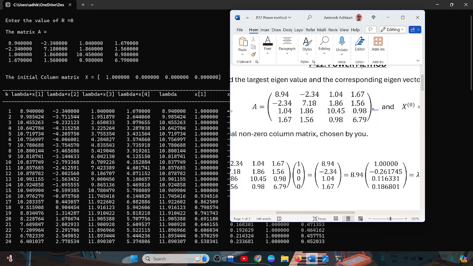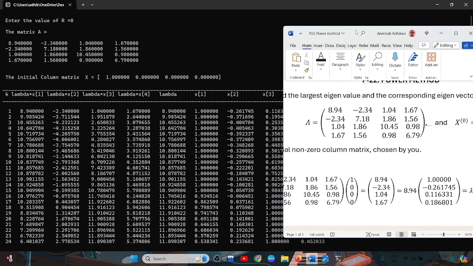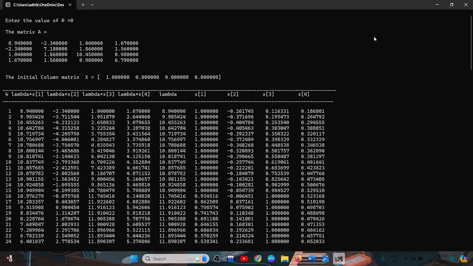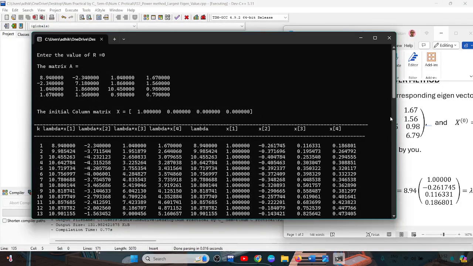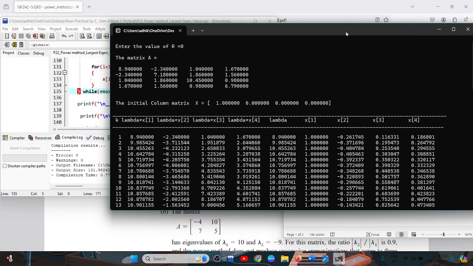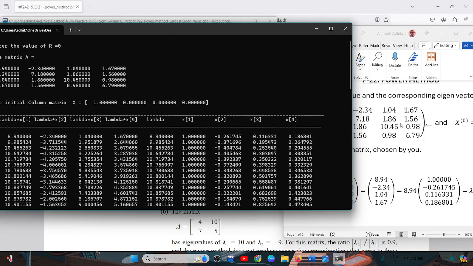We get x1 equal to 1.0, x2 equal to minus 0.26174, x3 equal to 0.116331, and x4 equal to 0.186801.